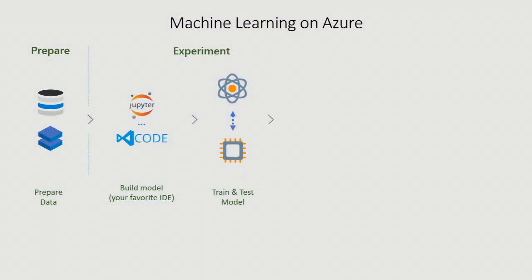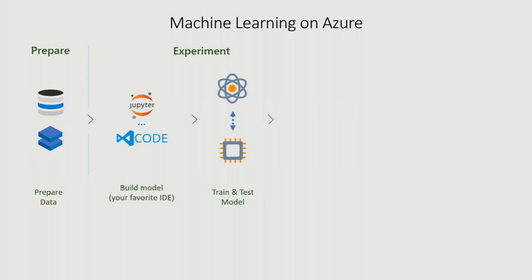After you've prepared your data and you're ready for actually training the model, this is where we get into the experimental phase. What we provide here with the Azure Machine Learning Service is direct integrations into your favorite IDEs like Visual Studio Code, Jupyter, and anything else that you use, and we provide the back-end infrastructure to help you manage, build out, and iterate on your models.